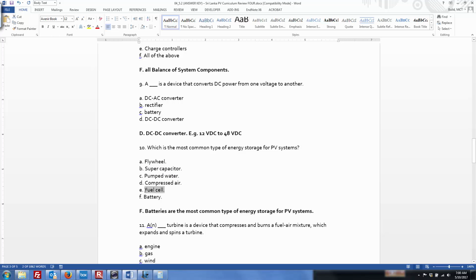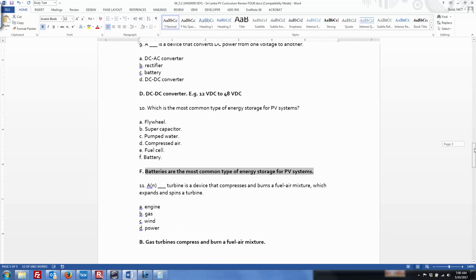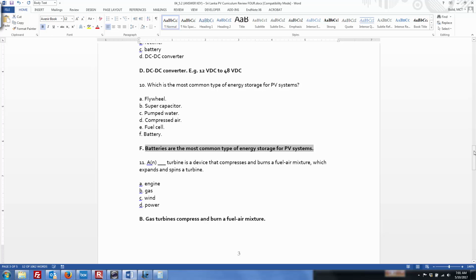Fuel cells are there, not quite as common. So the battery is the most common type of energy storage, and that's what we usually focus on, as it's well-known, usually compact, doesn't take a lot of extra technology, and is easy to understand and easy to maintain.